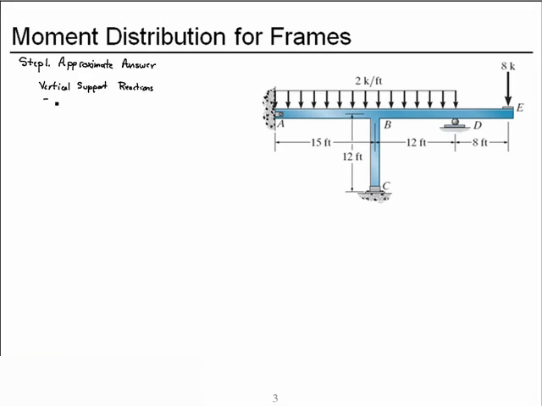And to make that approximation, we're going to assume that distributed load goes to the nearest vertical support to be carried.